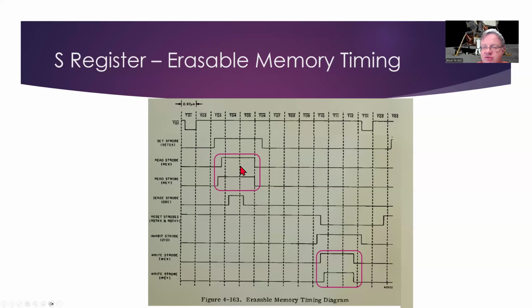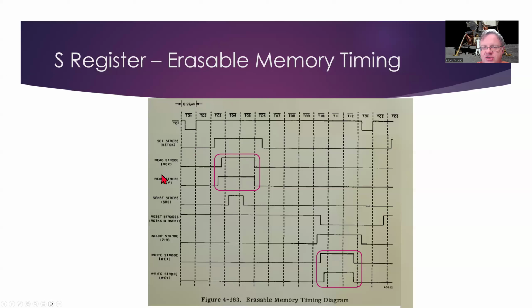So based on that, we've got a timing. This is when we're actually reading data out of memory, which occurs at T4 and T5. And there's a little bit of an overlap, but we'll use T4 and T5 for our purposes. See if that causes an issue once we actually get this thing running. And then there's a write strobe, which is T11 and T12.